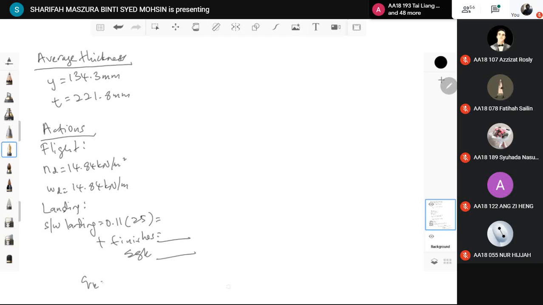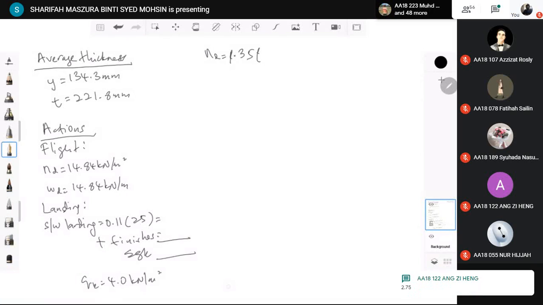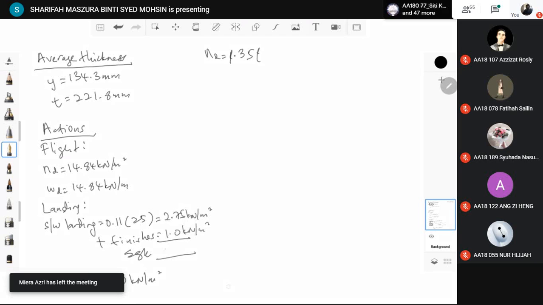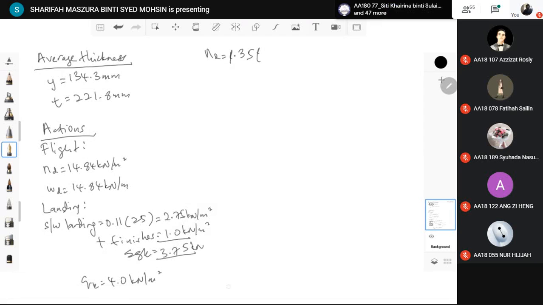So QK is 4.0. 0.11 times 25, what do we get? 2.75 plus finishes 1.0, we get 3.75. What is the ND value?